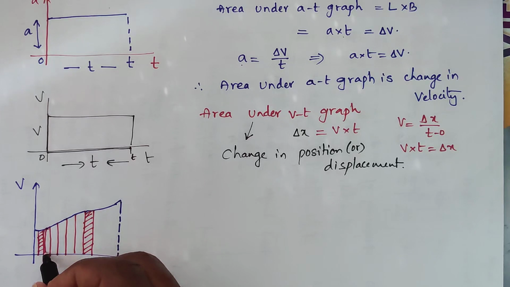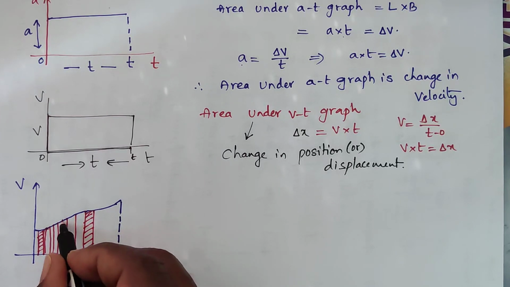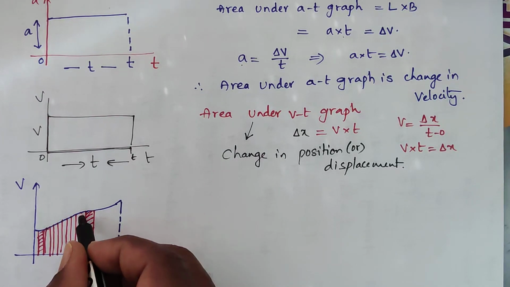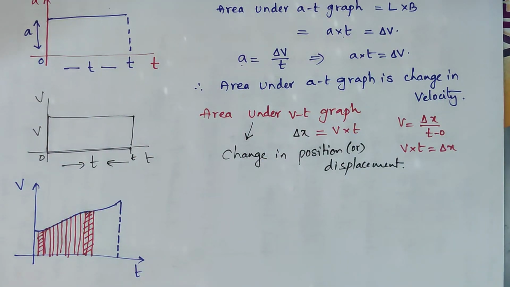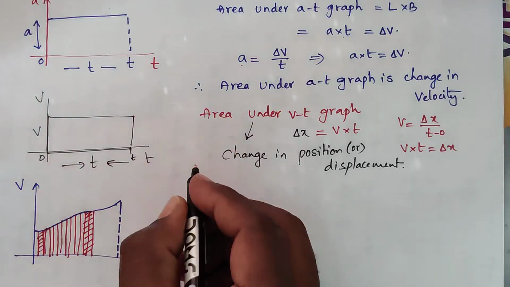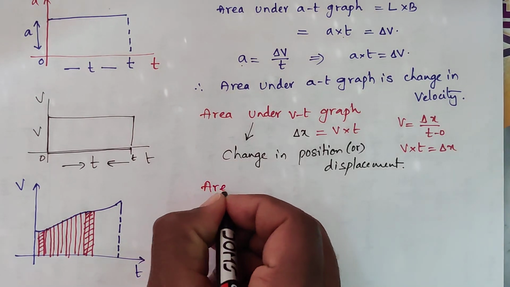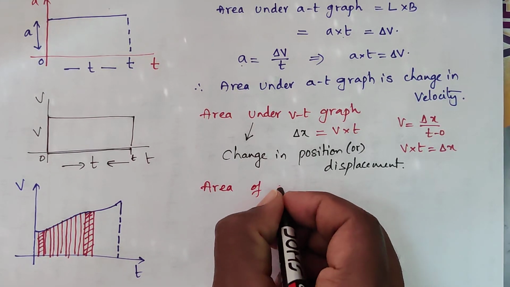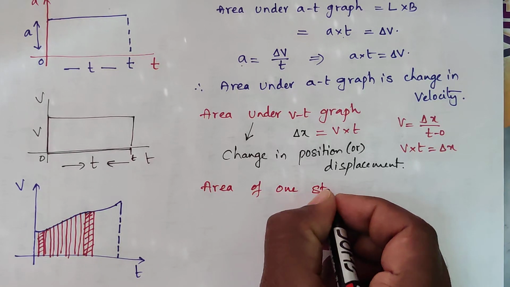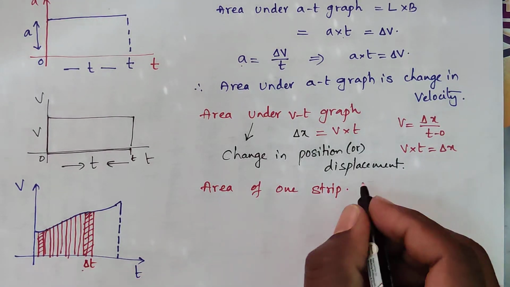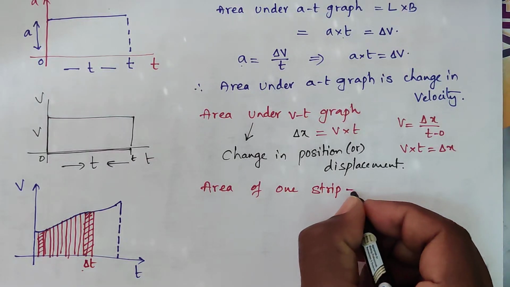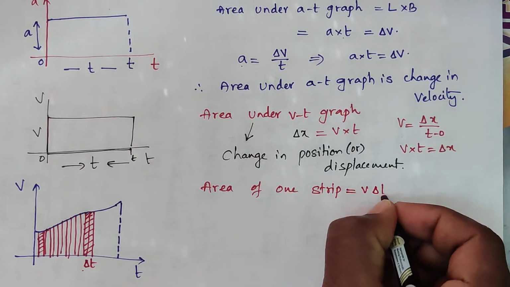If we further divide these strips into smaller ones like this, almost every strip is a rectangle. So area of one strip is nothing but v, and time interval in that range is delta t. Area of one strip is equal to velocity v into delta t.